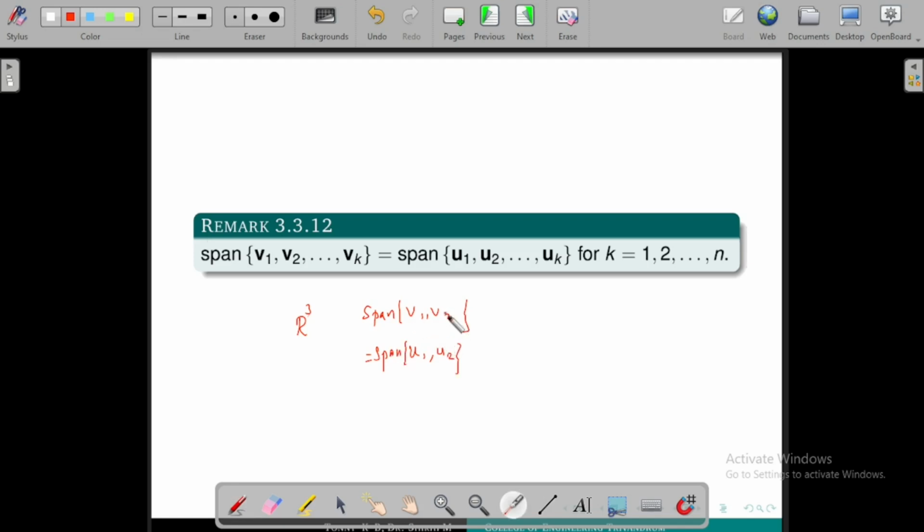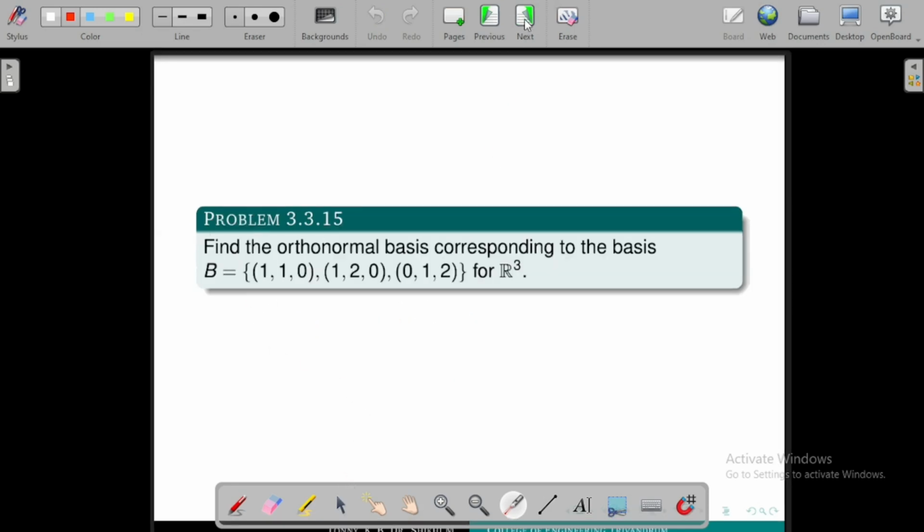This means that the set of all linear combinations of the vectors v1 and v2 equals the set of all linear combinations of the vectors u1 and u2. That is, if you can express a vector in R3 using v1 and v2, then you can express it using the vectors u1 and u2 also. So we'll use this for the next problem.